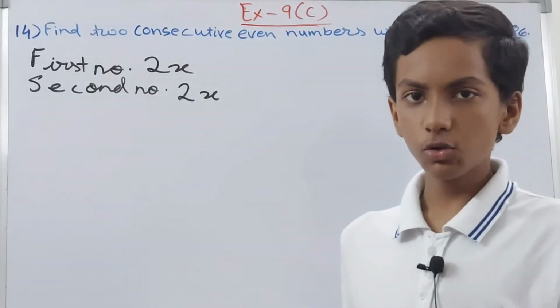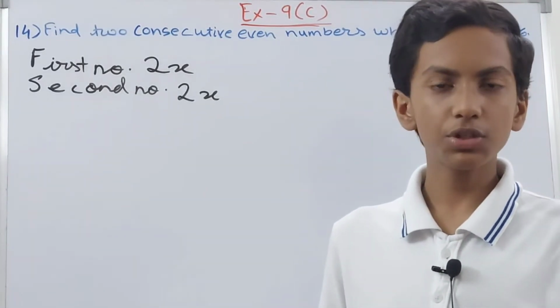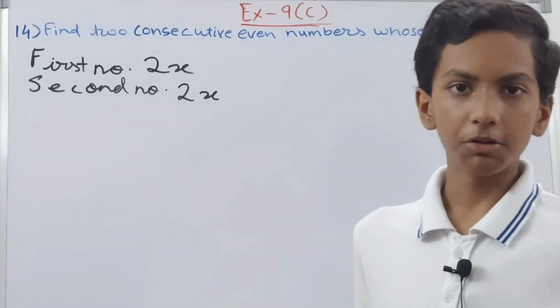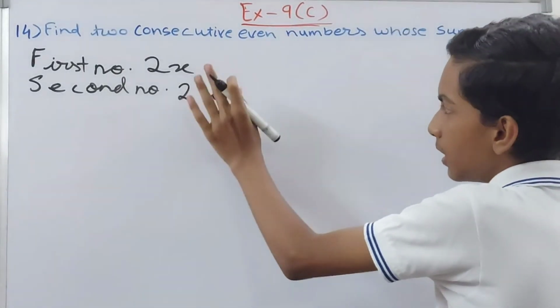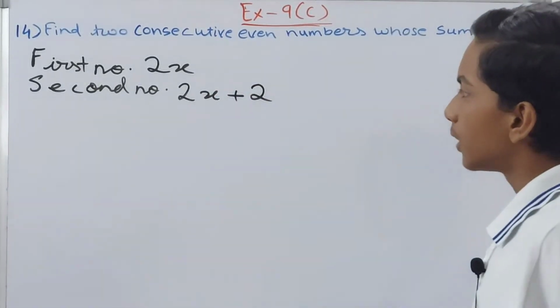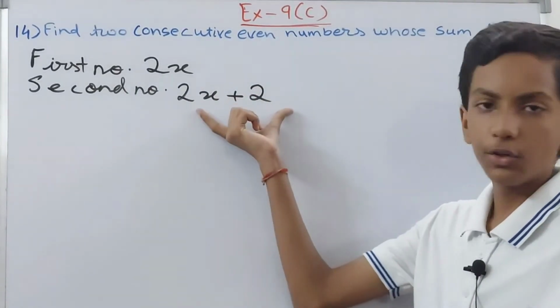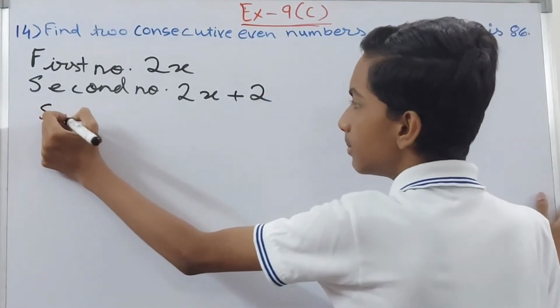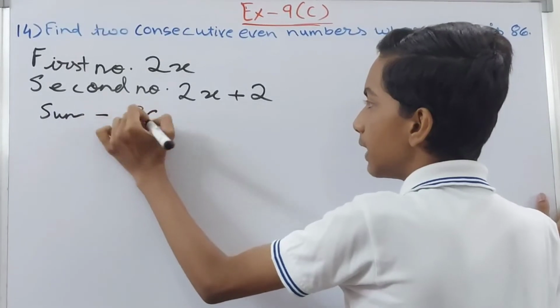And why plus 2? As we had during the previous question, we changed 1 to 3. Here we will change it to an even number, right? So 1 is not there, but still we add 2 to make this look like it is going to be an even number.